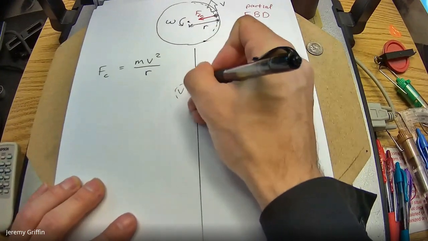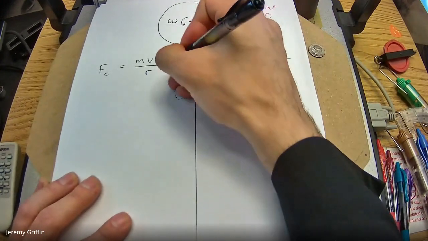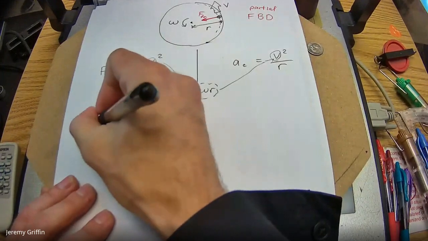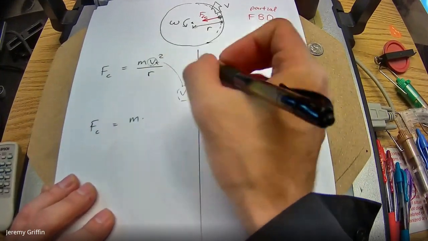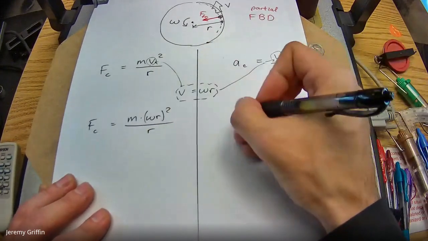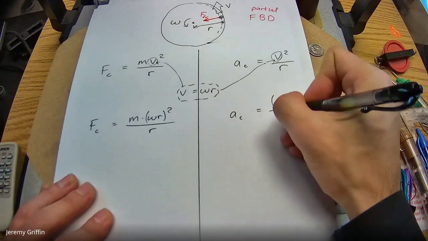Could I substitute that in? And I would get centripetal force is equal to m times the quantity omega r squared over r. Or if you like the acceleration version, omega r squared divided by r.